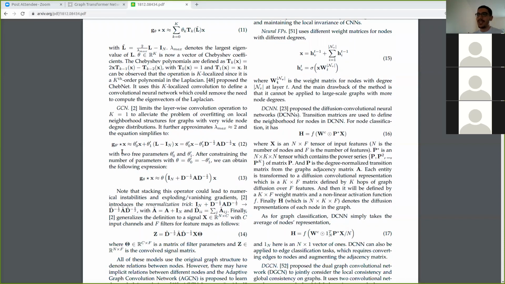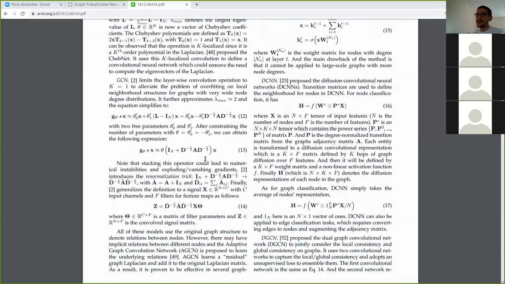So I'd welcome any input here. I guess you could think of this as some kind of parameter sharing, or yeah. So some number of approximations are made, and eventually we reach this expression here.